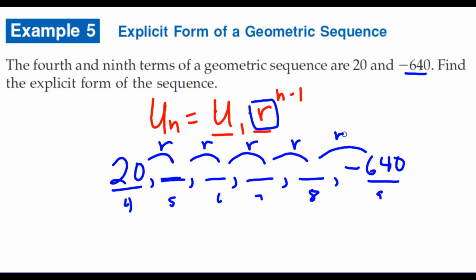And then finally to get to negative 640 I multiply by r one more time. And what you can see is 1, 2, 3, 4, 5 r's are being multiplied together, or r to the fifth. So this represents an equation that says 20 multiplied by r to the fifth will give me negative 640.